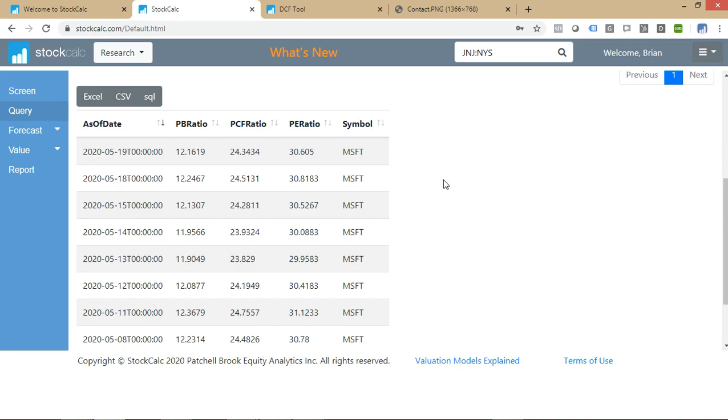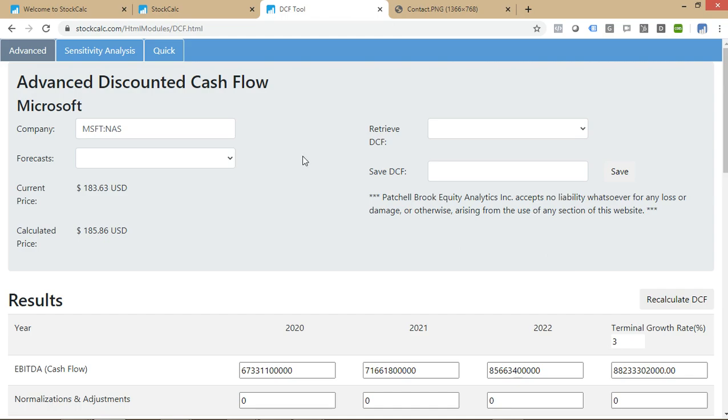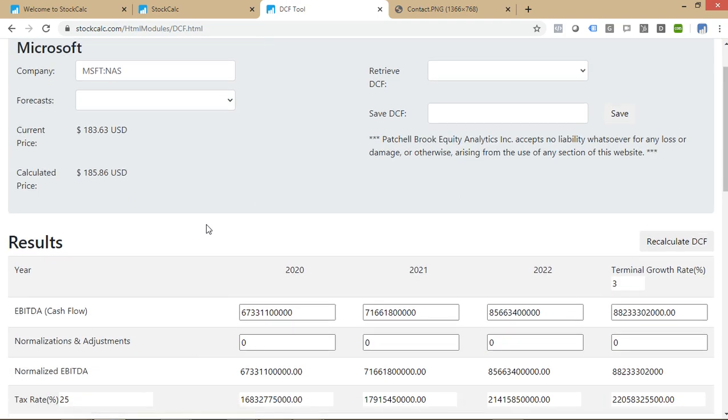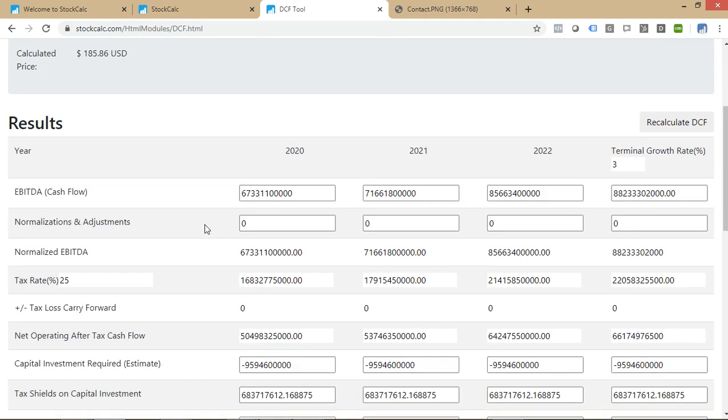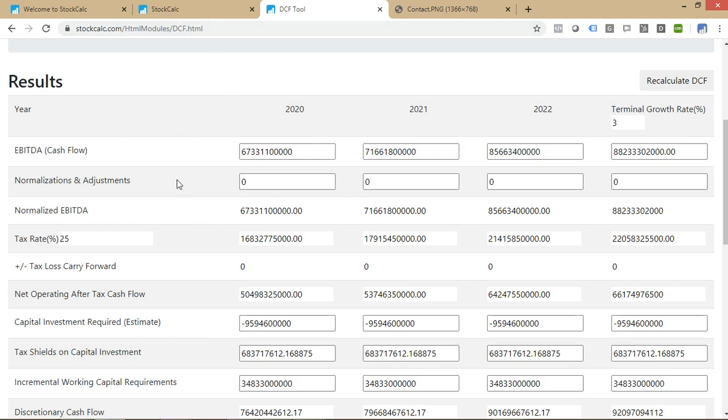One of the things that are really important to emphasize here is when we built StockCalc, we've built it in a very modular fashion. So for example, here I've pulled out just the DCF module. I'm in a separate browser window, and that's all I have available is the DCF module. So I've loaded Microsoft here, for example, and this is all I see when I open this up in the browser window separately.